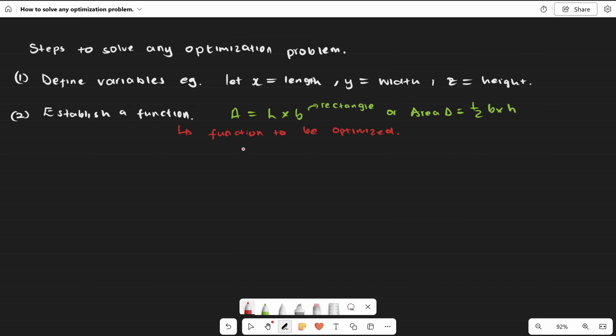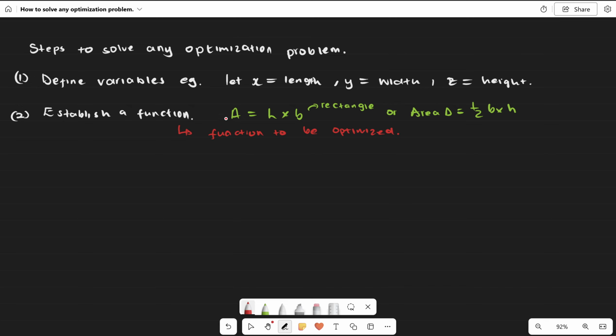When your question says find the minimum area, find the maximum area, find the maximum profit, find the maximum volume, whatever they want you to minimize or maximize, that function would be the function to be optimized.